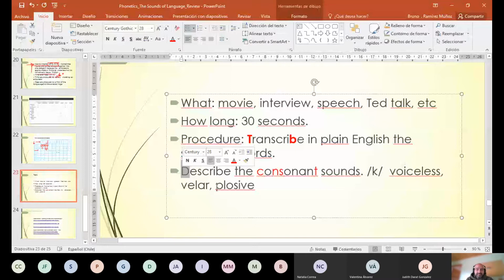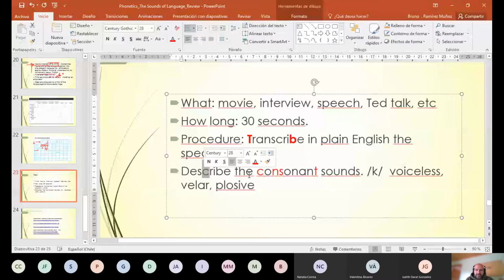We have s, which is voiceless, alveolar, and fricative. We have k, right, which is voiceless, velar, and plosive, etc., etc.